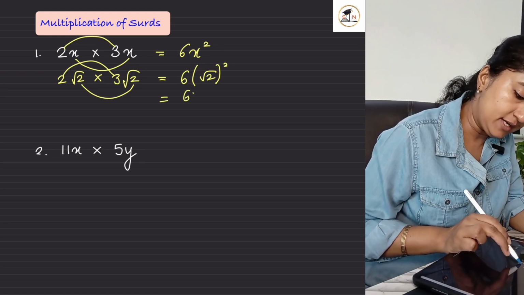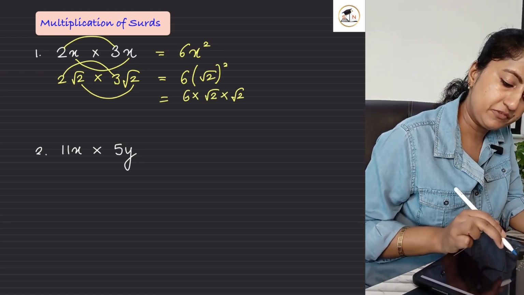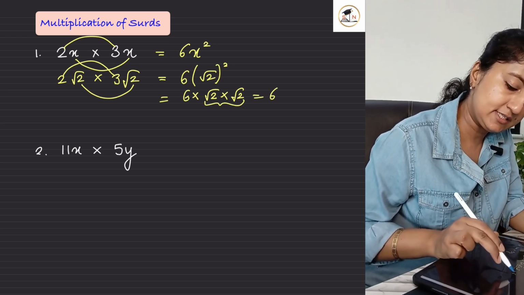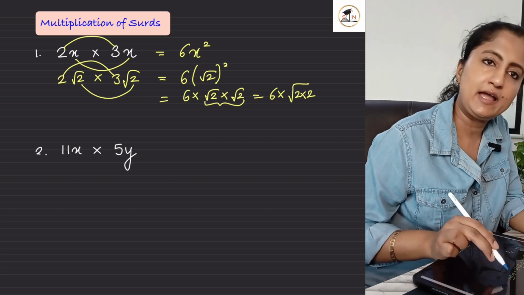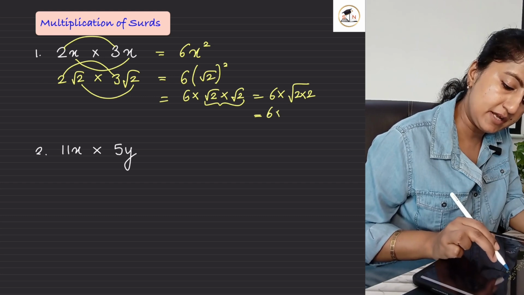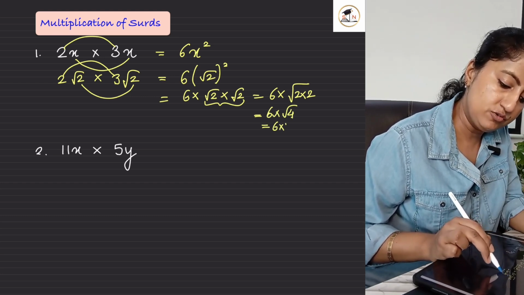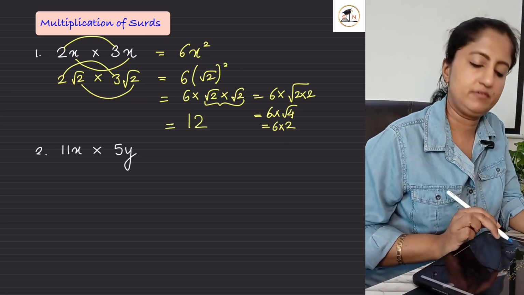In detail, you can understand it. You are multiplying root 2 with root 2, right? Now, we can rewrite this as 6 times root 2 into root 2. I have clubbed them in the same root. This becomes 6 times root 4, that is 6 into 2, and therefore this answer comes out to be 12.